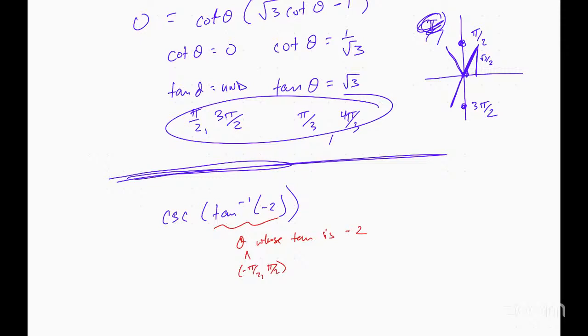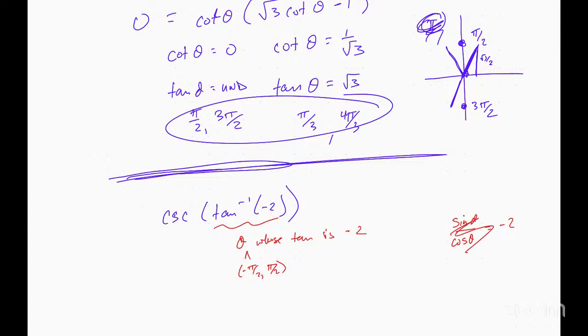Well, think about what that angle is. If the tangent is -2, that means the sine over the cosine is -2. Sorry, tangent is opposite over adjacent.